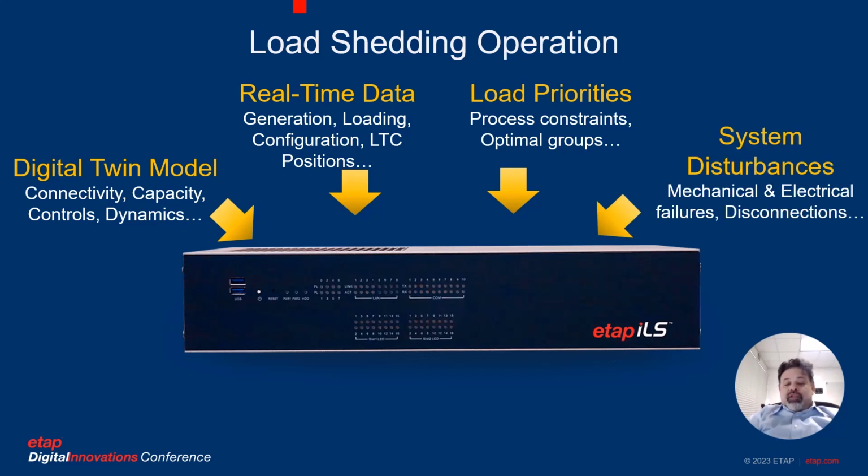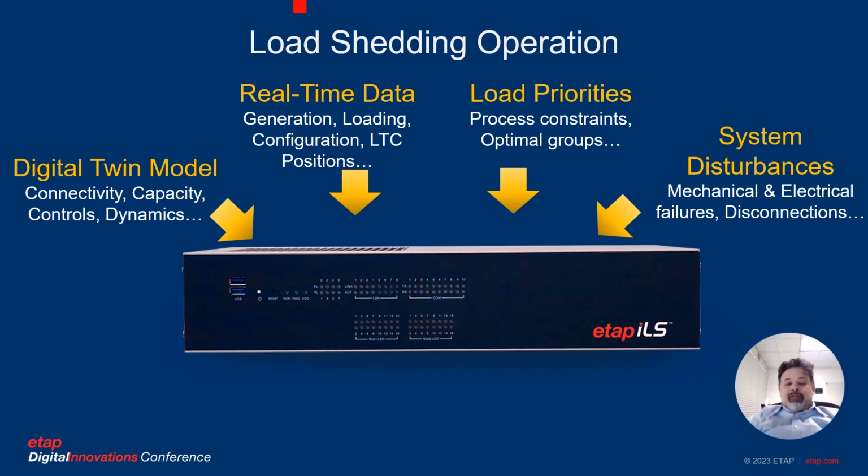Then the ETAP load shedding system monitors disturbances in the network. Disturbances could be mechanical, it could be electrical. It includes failures in the control systems. For example, let's say we're looking at a steam turbine generator and there's a steam pressure drop.